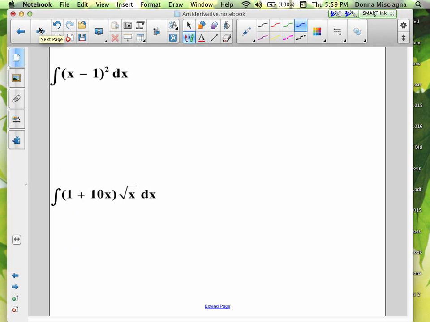So here, we do need to simplify first, because we have no other way to integrate that square there. That's a problem. But we could easily rewrite x minus 1 squared into x minus 1 times x minus 1.